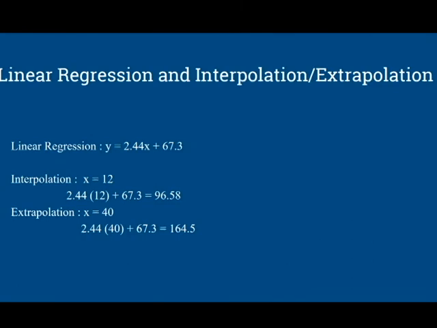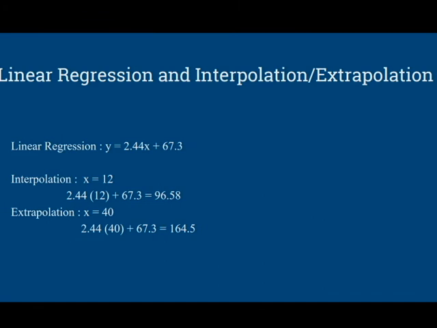For the linear regression, y is equal to 2.44x plus 67.3. Let x be equal to 12 for the interpolation, then the value is 96.58. This means if a student lives 12 kilometers from school, he may wake up 96.58 minutes before the first class.